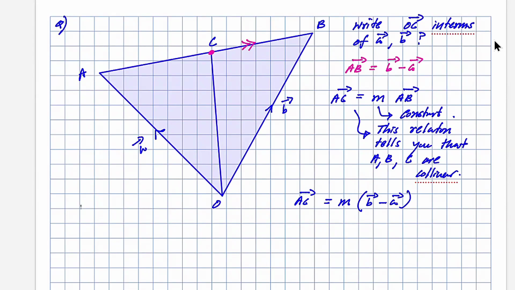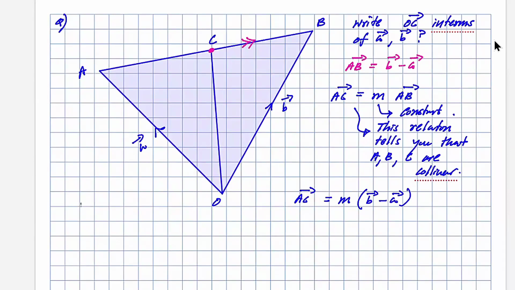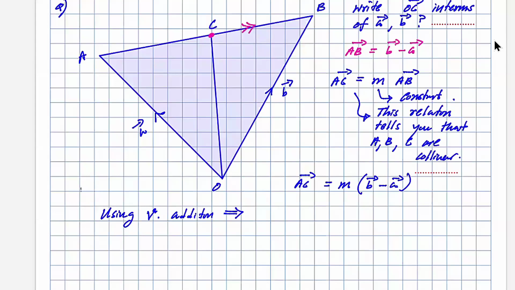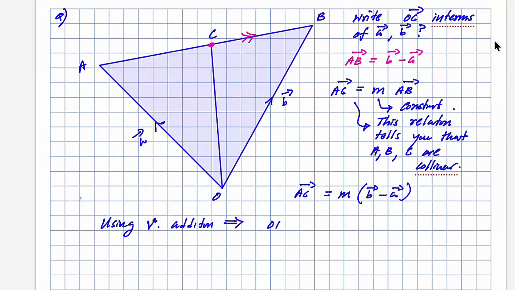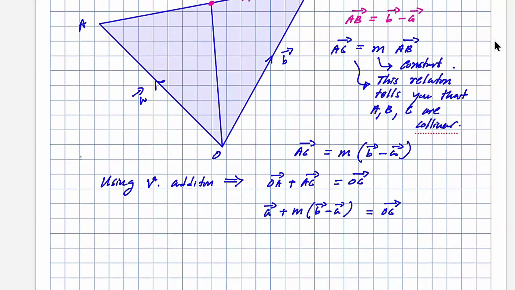Okay. Now, using vector addition, right? Using vector addition, you write OA vector plus AC vector is equal to OC vector. So now OA vector is A vector plus AC vector is M times B minus A vector is equal to OC vector. Right? You understand what I'm doing, right?